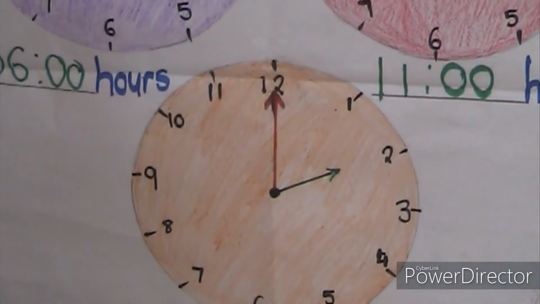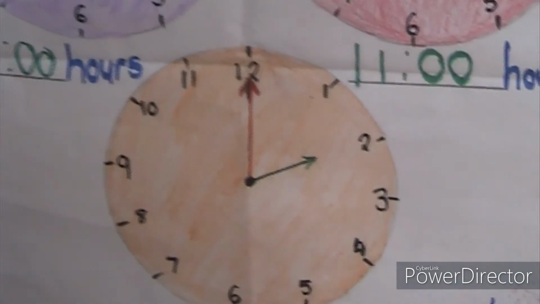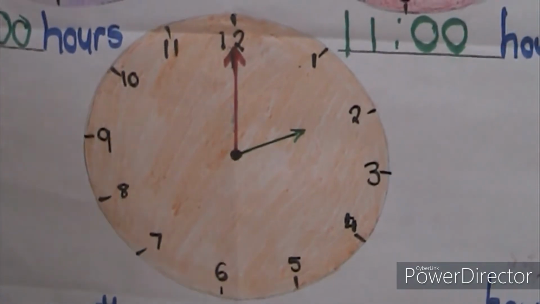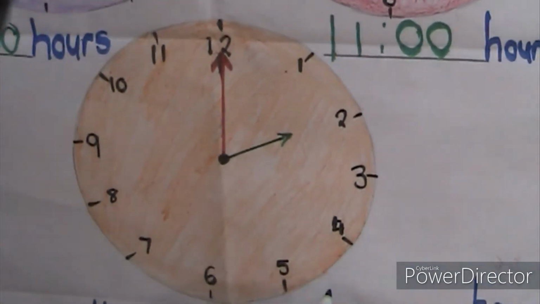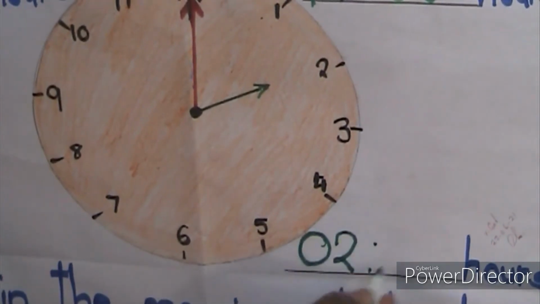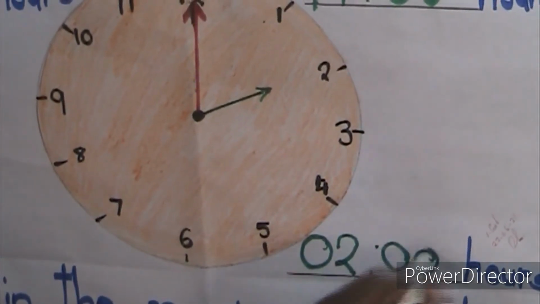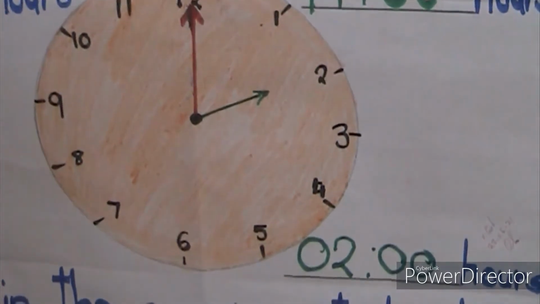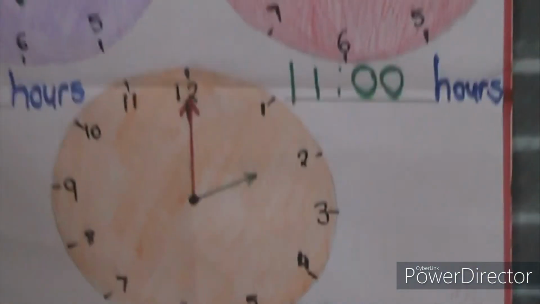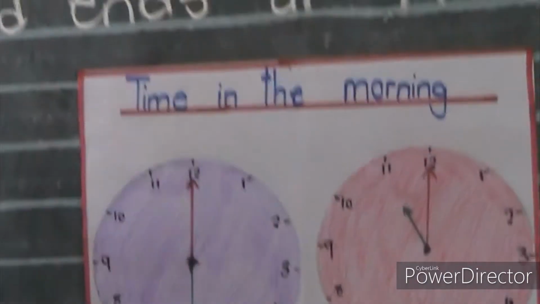We'll start with the 0 because it is pointing at a single digit number. So here we're going to write 0, 2, again 2 zeros. So our time in the morning is 02 hours. So that is how we tell time in the morning. Like it was said, the time in the morning starts at 01 and it ends at 11:59 hours.